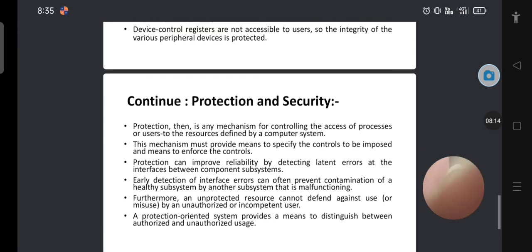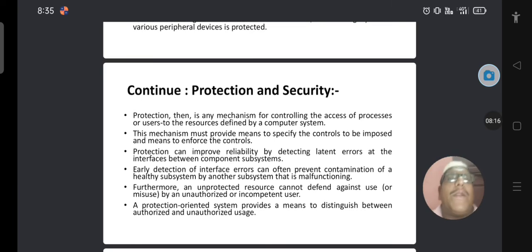Next, protection is any mechanism for controlling the access of processes or users to the resources defined by a computer system.